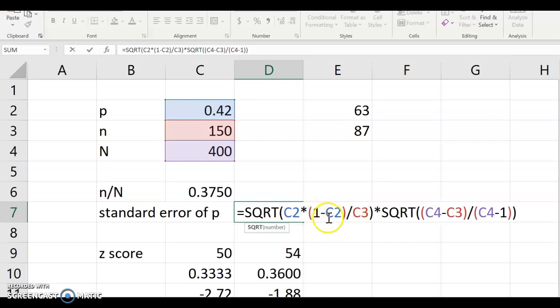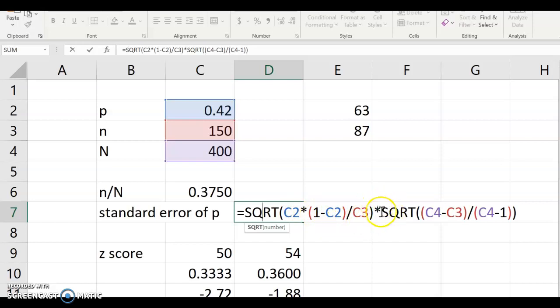You have to put that in parentheses if you want to do that first before you multiply, divided by n, the sample size, 150. So that's the square root of p times 1 minus p divided by n.